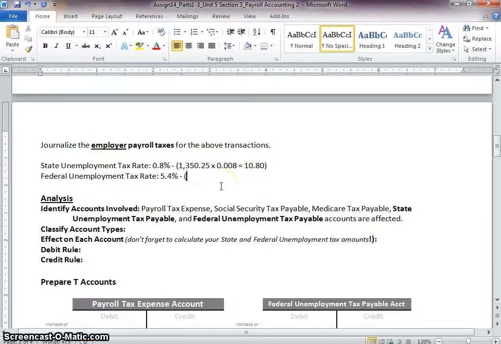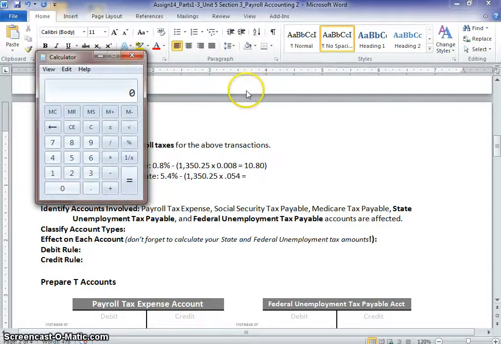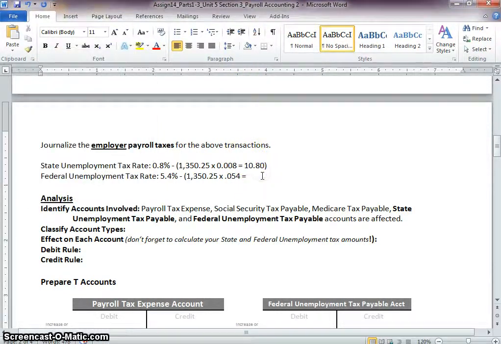And then to figure out my federal unemployment tax, I'm taking that same $1,350.25 times 0.054 to give me, flip that good old calc, $72.91. And so now I know what I'll be paying into each of those accounts.